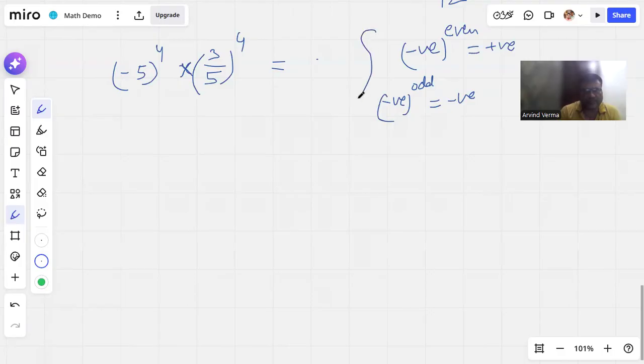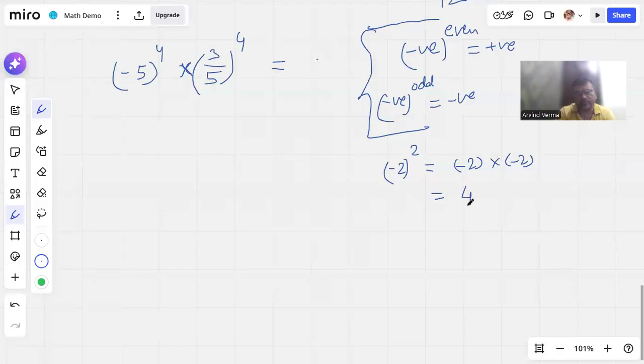You will solve some questions like this and be comfortable with it, but for the time being, any negative number to an even power: let's take minus 2. Minus 2 raised to the power 2 will be minus 2 into minus 2, so minus times minus is plus, 4.